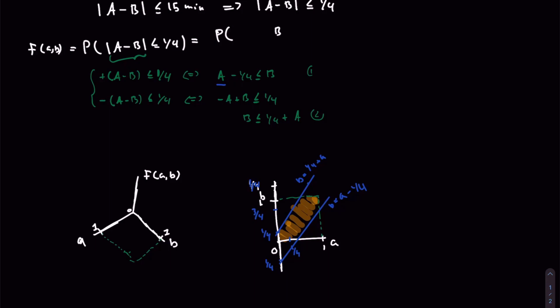Bob, we're expressing this whole thing in terms of Bob, but again it's purely symmetrical. So it means that Bob, holding Alice's arrival constant, has to arrive in this region. This is the valid region. This is the probability we're looking for.